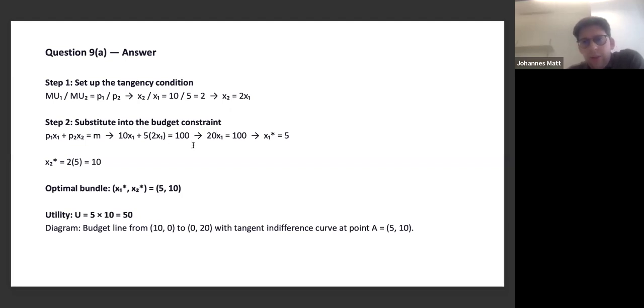So an easy way to solve this is to use this tangency condition that we've just derived up here and substitute it in for x2 into that budget constraint. So then we have 10x1 plus 5 times 2 times x1. So that is 10x1 plus 10x1, so 20x1, equal to my total budget 100. And 100 over 20 is 5.